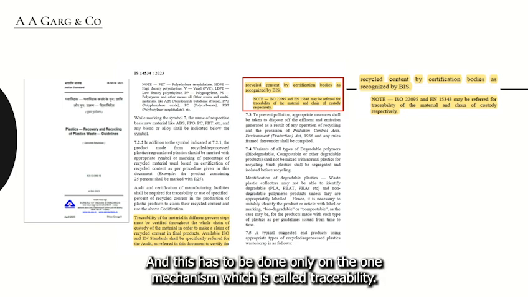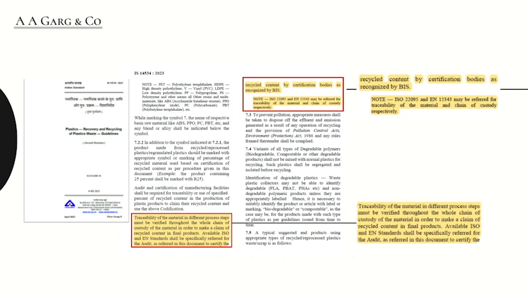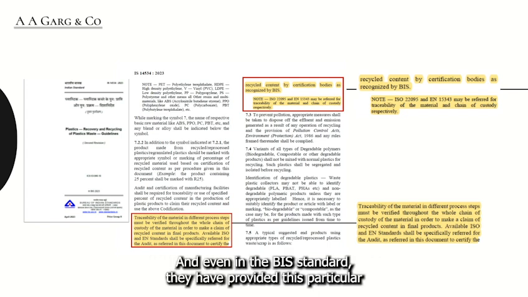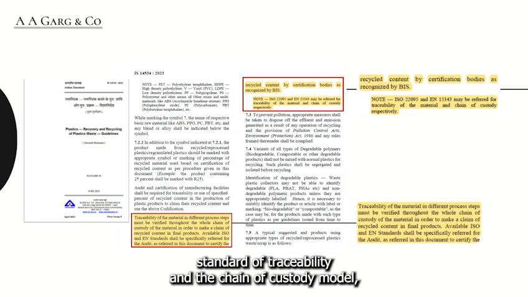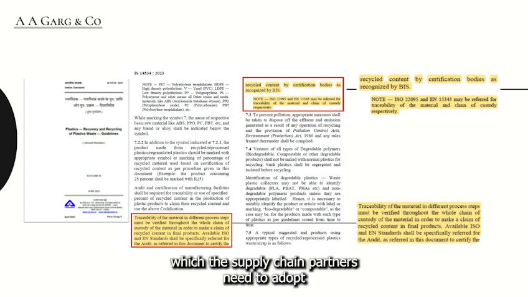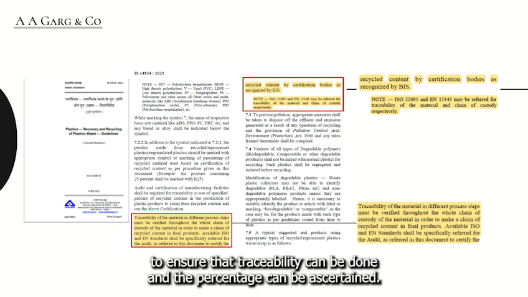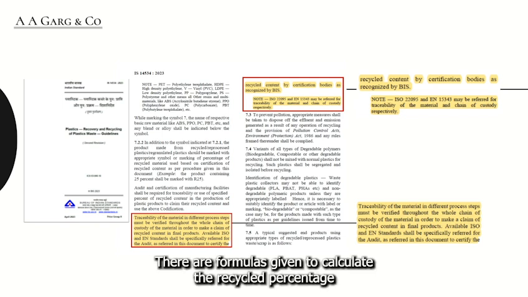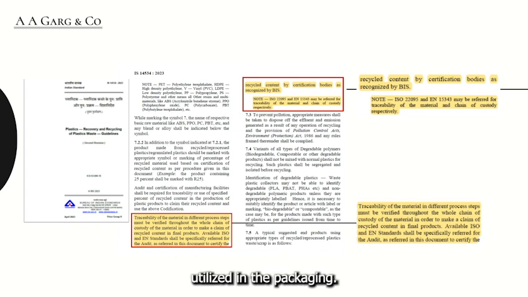And this has to be done only on one mechanism, which is called traceability. Even in the BIS standard, they have provided this standard of traceability and the chain of custody model, which the supply chain partners need to adopt to ensure that traceability can be done and the percentage can be ascertained. There are formulas given to calculate the recycled percentage utilized in the packaging.